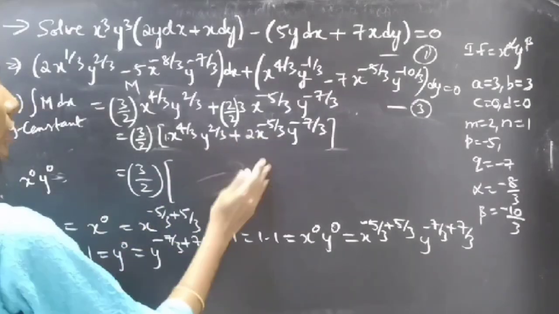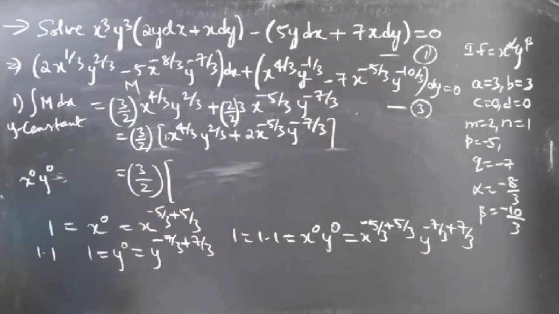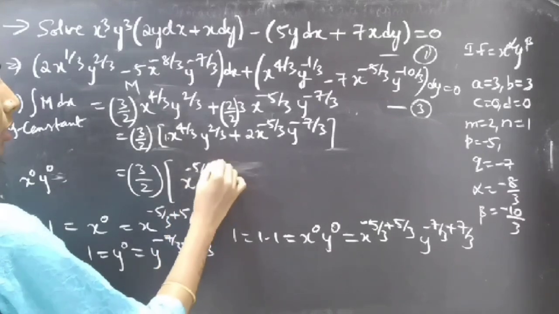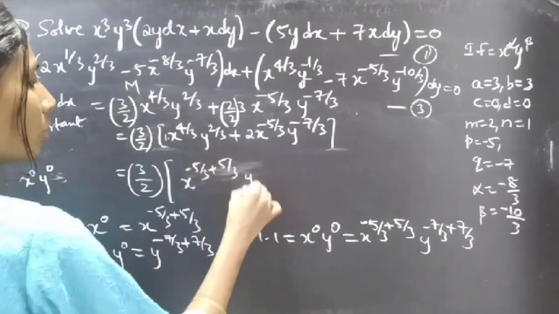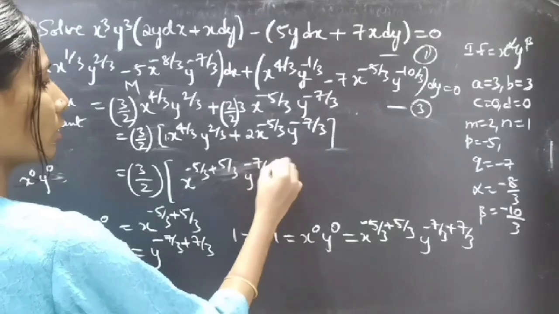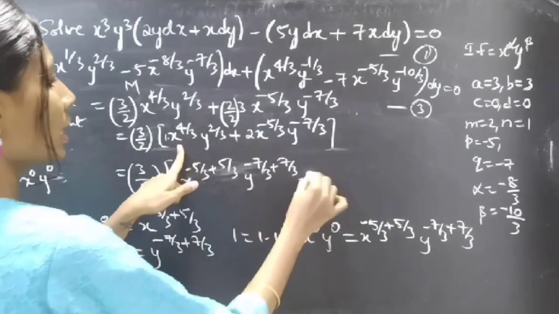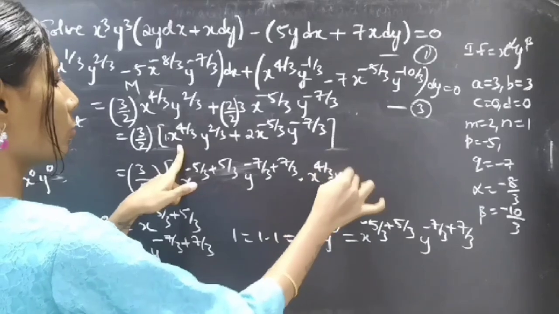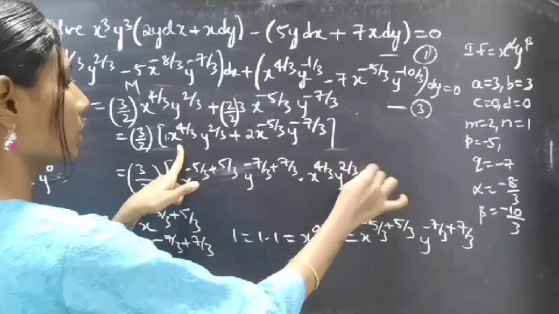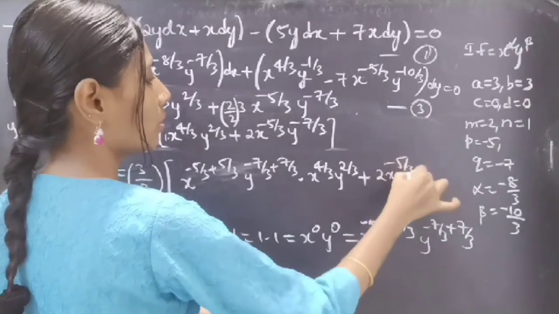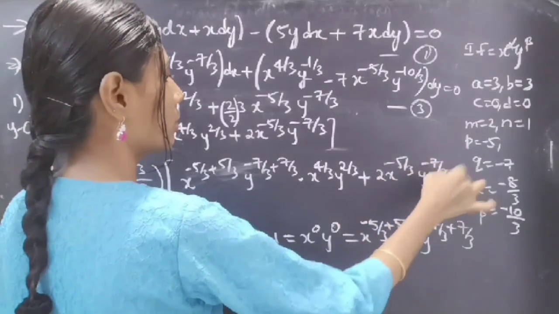Okay, now I'll replace this 1 by x power minus 5 by 3 plus 5 by 3 y to the power minus 7 by 3 plus 7 by 3 into x power 4 by 3 y power 2 by 3 plus 2 x to the power minus 5 by 3 y to the power minus 7 by 3.